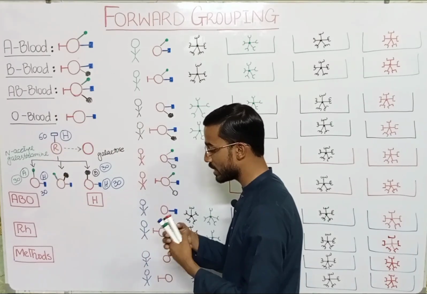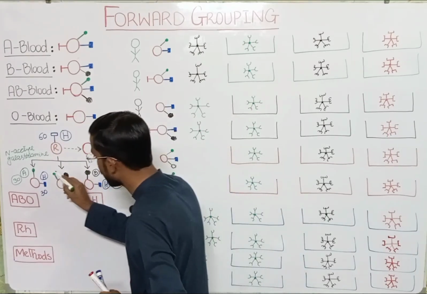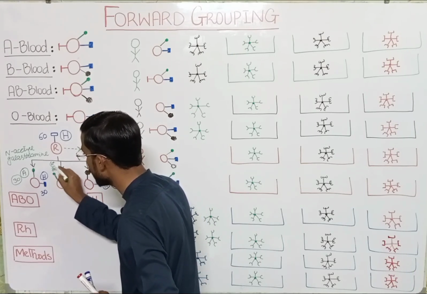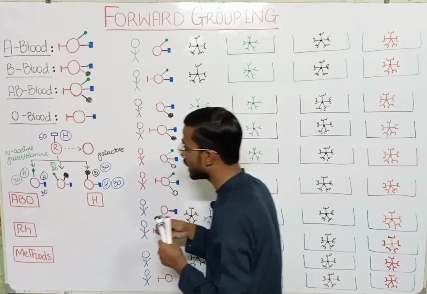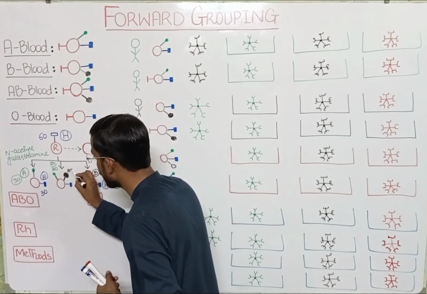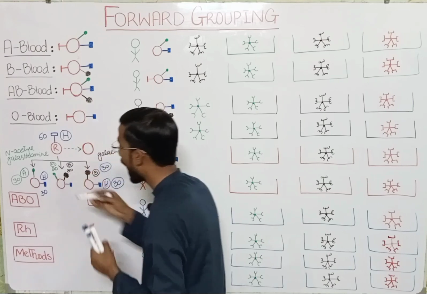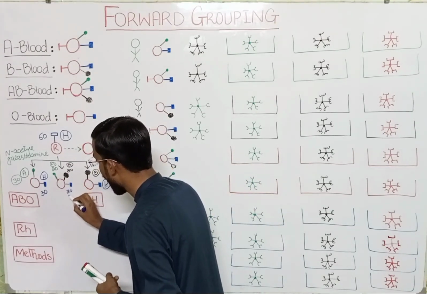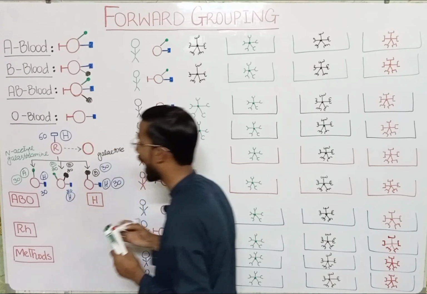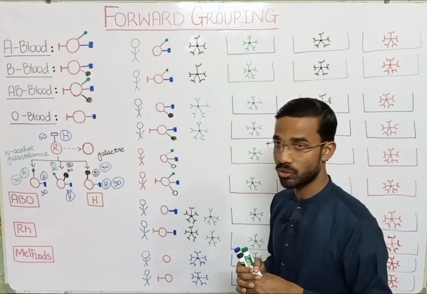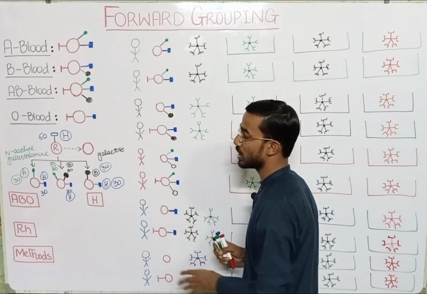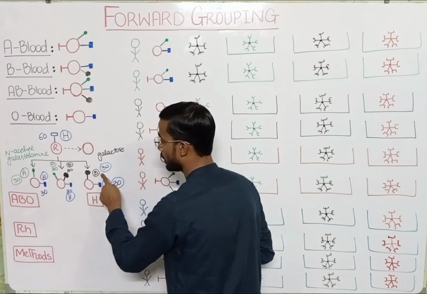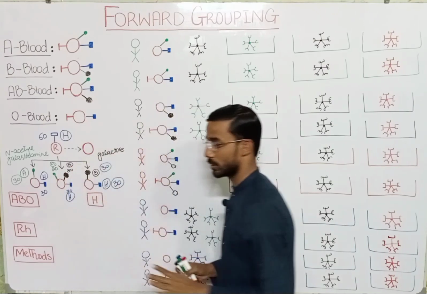Twenty convert into the A antigen, 20 convert into the B antigen, and 20 remain the H antigen. This is case 3. So this RBC has H, A, and B all together.